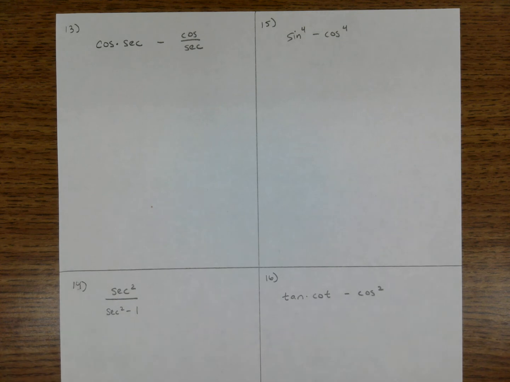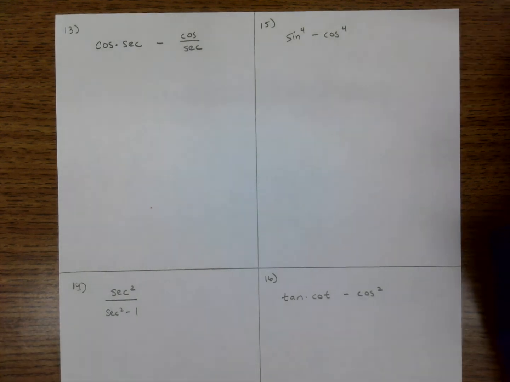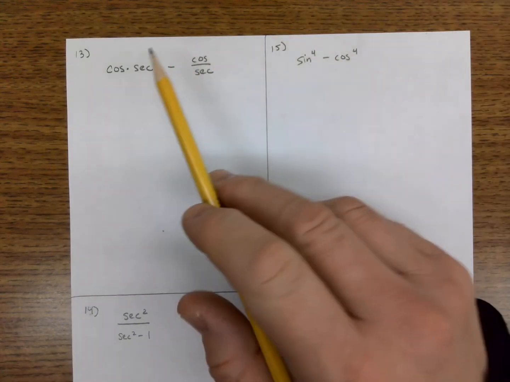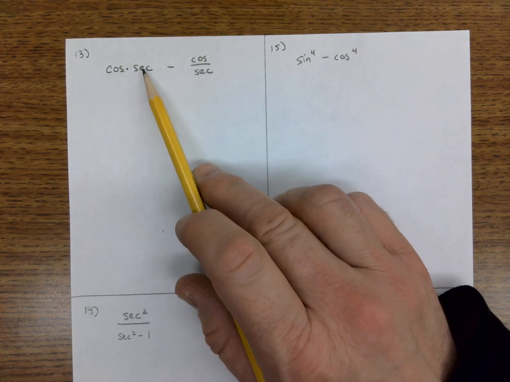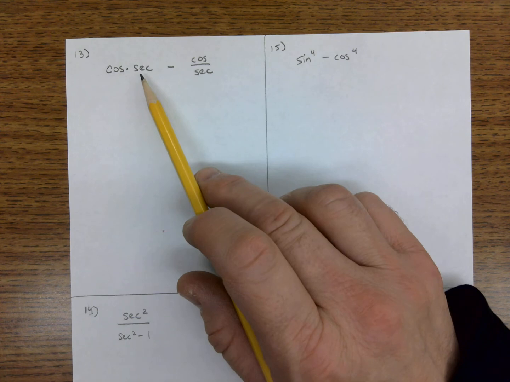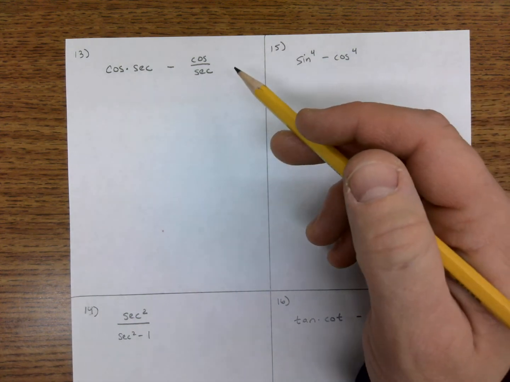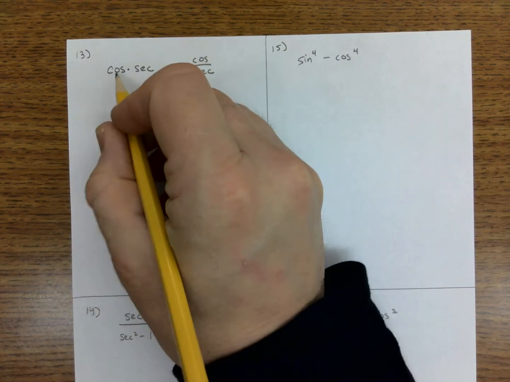So here we go, problem 13, and you have to just kind of be creative here. The first thing I see is we have secants and cosines, and I always try to get everything to sines and cosines first. So let's go ahead and do that.